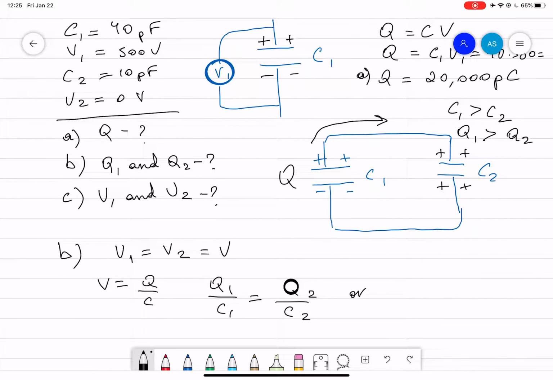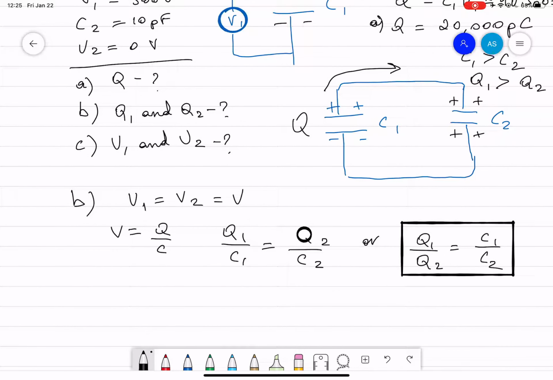Or you can write it as Q1 divided by Q2 is equal to C1 divided by C2. Okay, this is a formula. Now we know C1 and C2 because they are given.